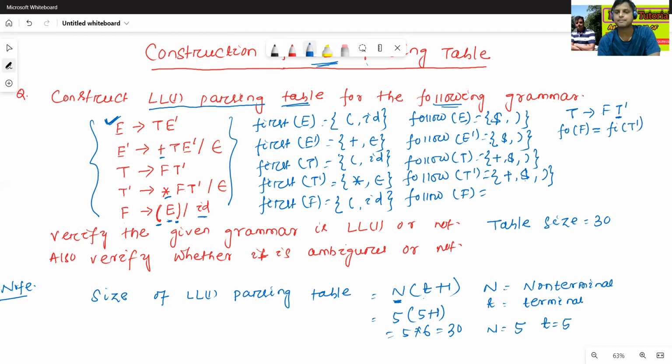First of T prime contains epsilon, so eliminate epsilon and take the union with follow of T. First of T prime minus epsilon means star. Follow of T means plus, $ and close bracket. So follow of F is plus, star, $ and close bracket. Now I am erasing here.